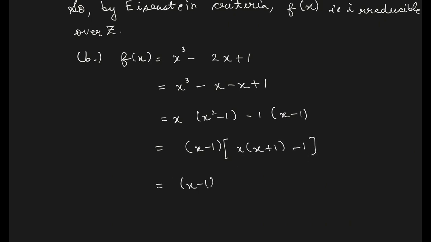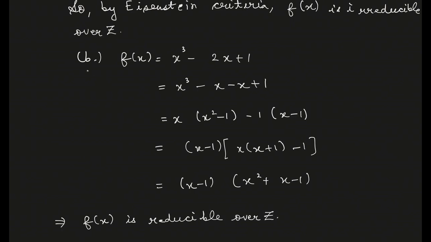So x minus 1, x square plus x minus 1. So this is clearly reducible over Z. So option B is wrong.